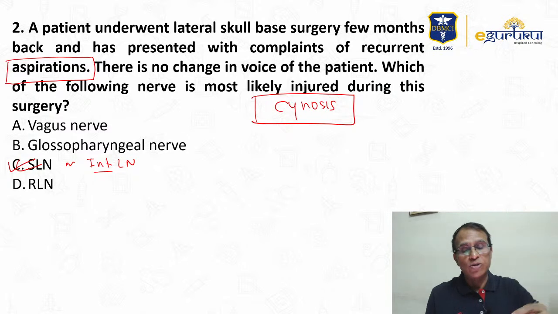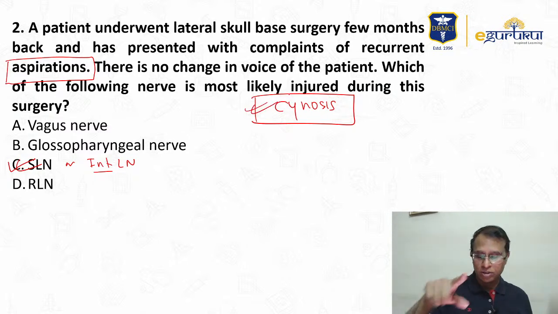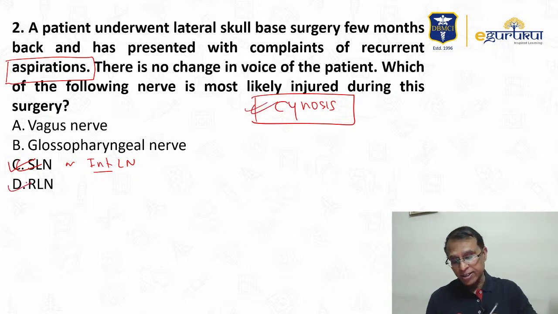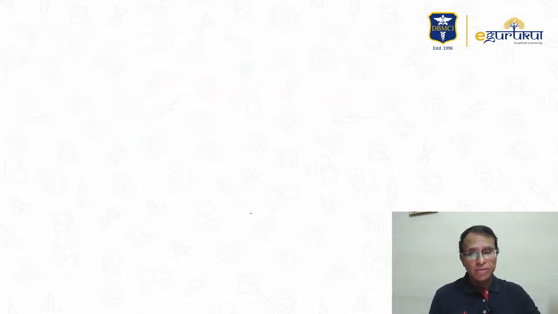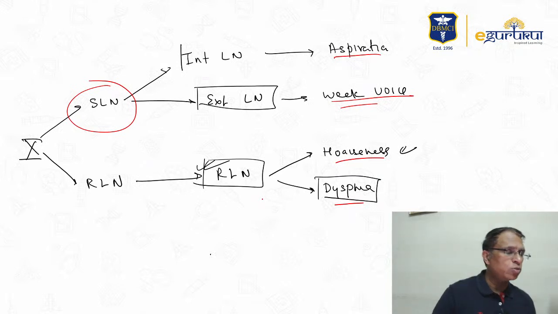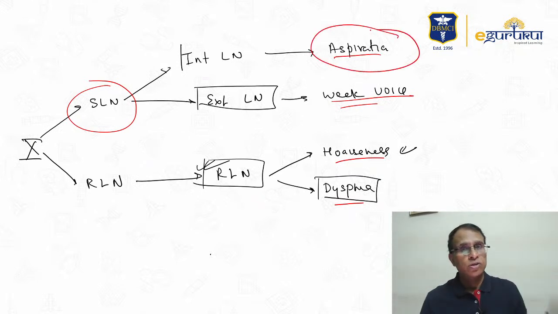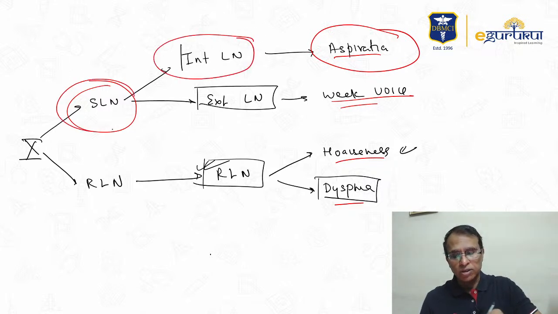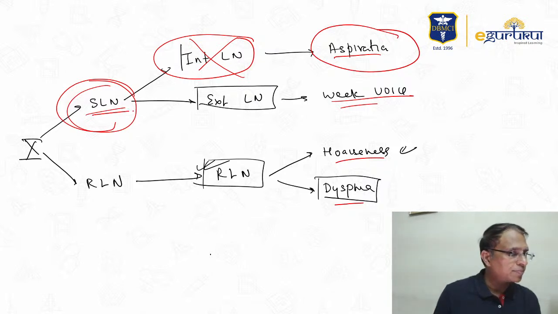I read it as cyanosis. That's why I was talking about cyanosis. If there is cyanosis, then recurrent is gone. But if you keep this one in mind, this very beautifully tells you whatever you need to know. Right? So this is the choice. So either this is gone or this is gone. Since this is not given in the choices, this one is the correct answer.